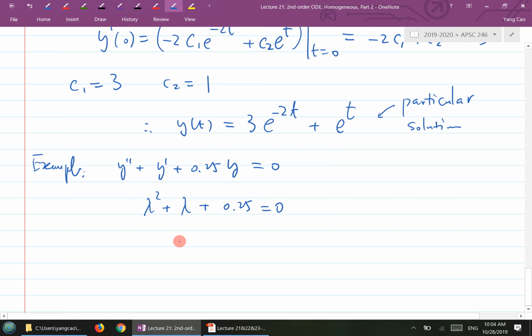How do I solve this? If you have practiced a little bit, you'll be able to see that this can be written as lambda plus 0.5, bracket, to the power 2.